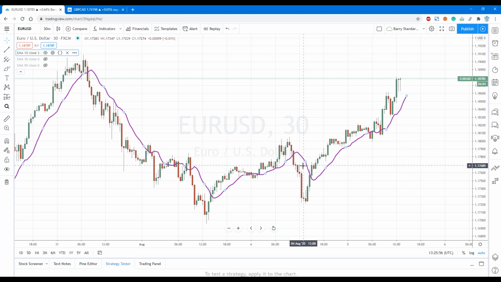So all we've done is we've shifted this line, and it's got some very unique results, and it becomes very viable. It helps me in predicting where the market might be going based on a moving average. But this is another type of moving average called a displaced moving average.